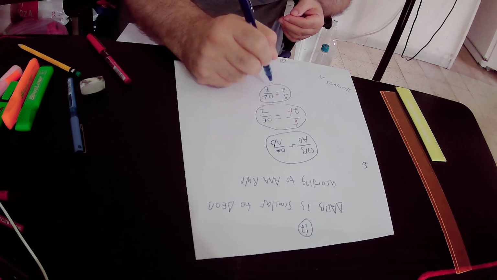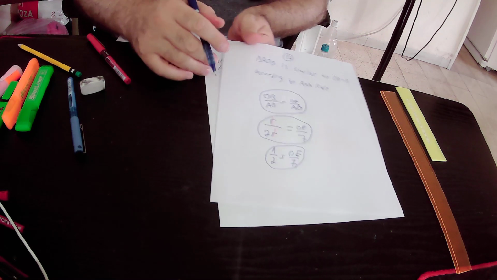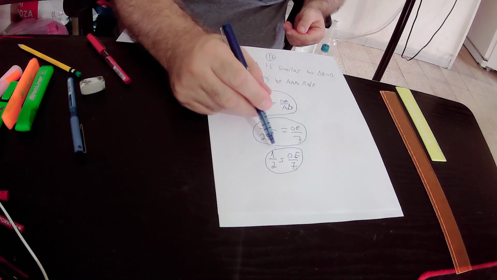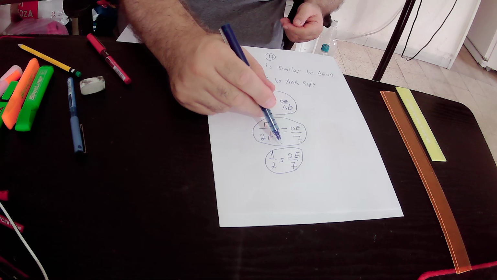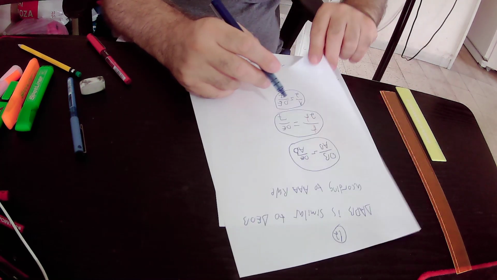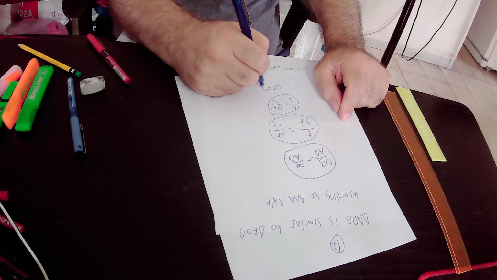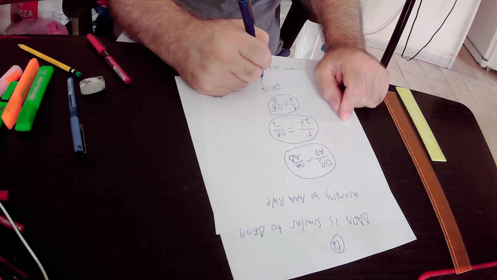Okay, so here we will multiply this equality by 7 in order to get the value of OE. We will get that OE equals 7 over 2 units.